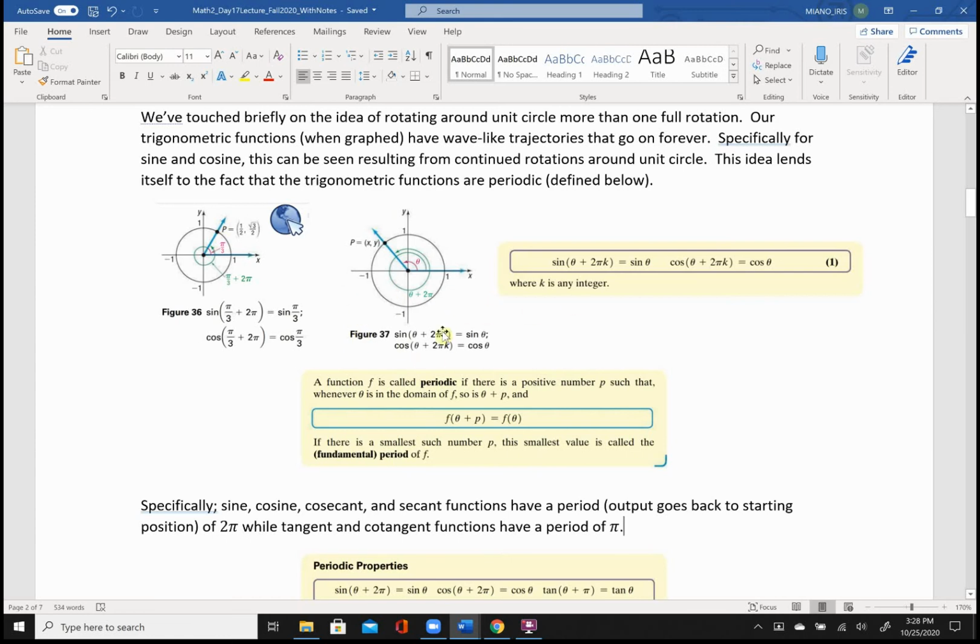In fact, any time you're encountering sine and cosine functions such that you can separate the theta measurement by multiples of 2 pi, essentially those just zero out, and it's equivalent to whatever the leftover theta is here.